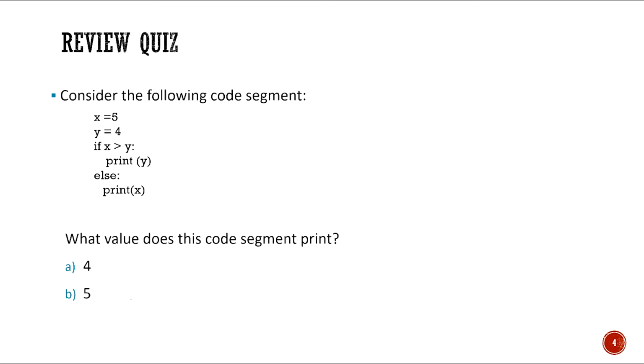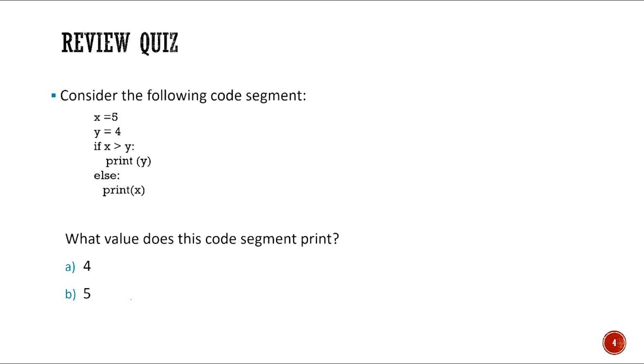Next question. Consider the following code segment. The first review quiz was about a while loop. This one is about a selection statement because we see if-else. So we have 2 variables. We have initialized them, x equal to 5, y equal to 4. Now, if x is greater than y, which is the case here, 5 is greater than 4, print y.